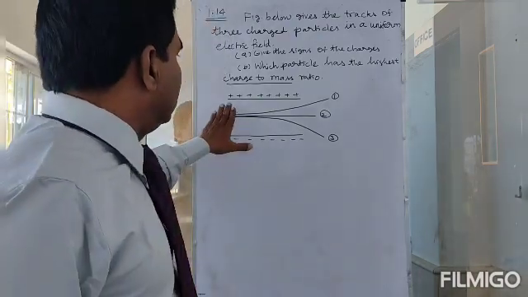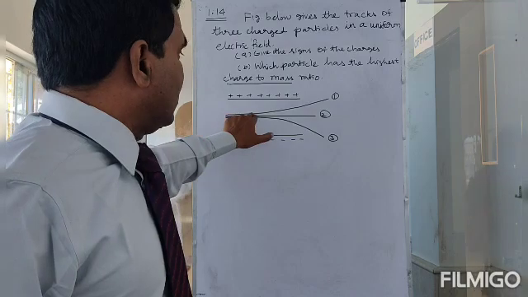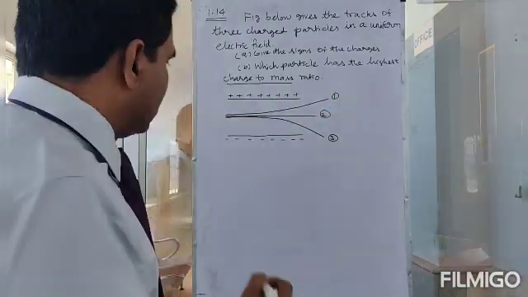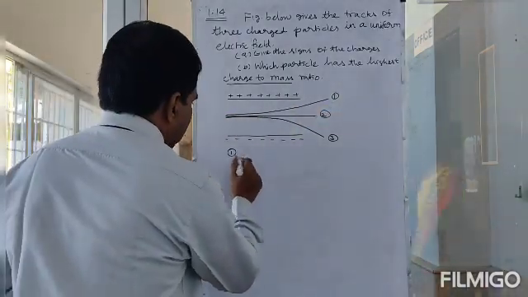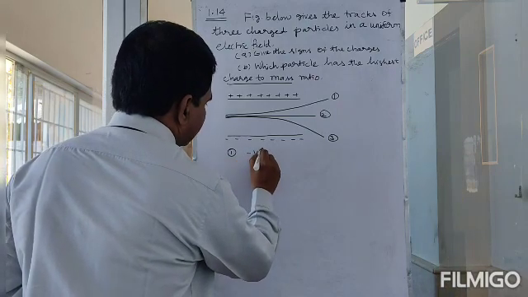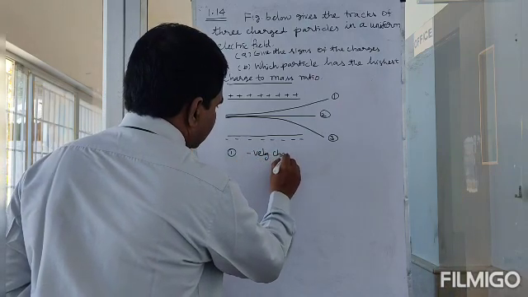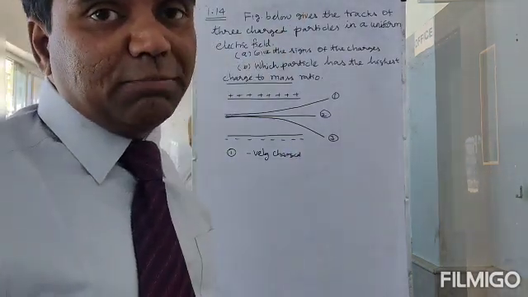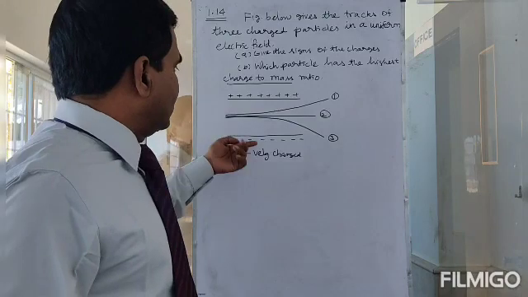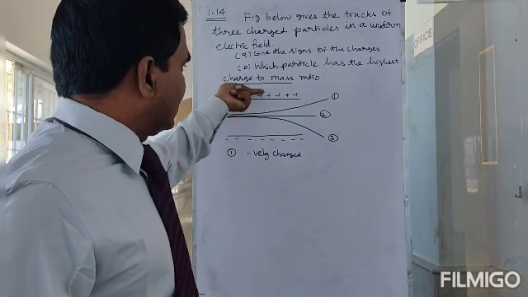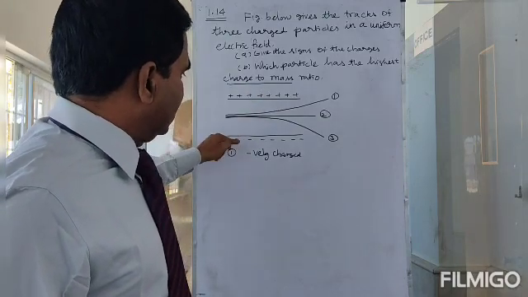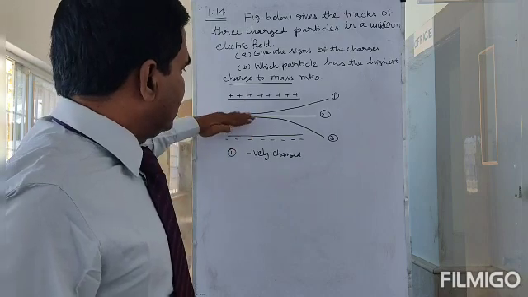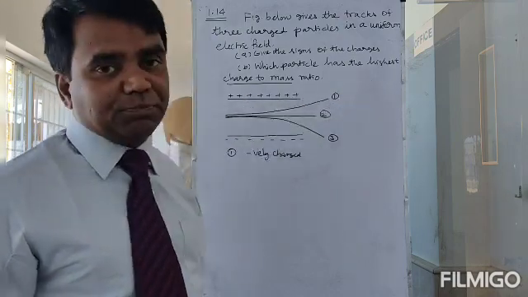So clearly, what would be the charge of 1? 1 has to be negatively charged. Why? Because it's bending towards the positive plate, and it's getting attracted towards the positive plate, and clearly this will also be repelling it. So this must be negatively charged.